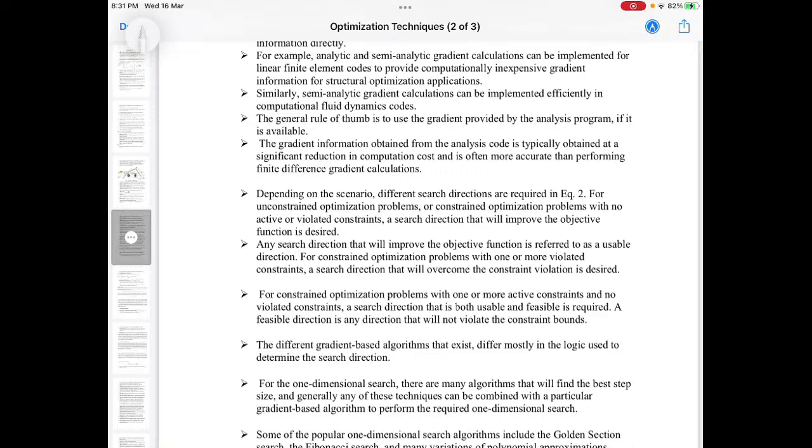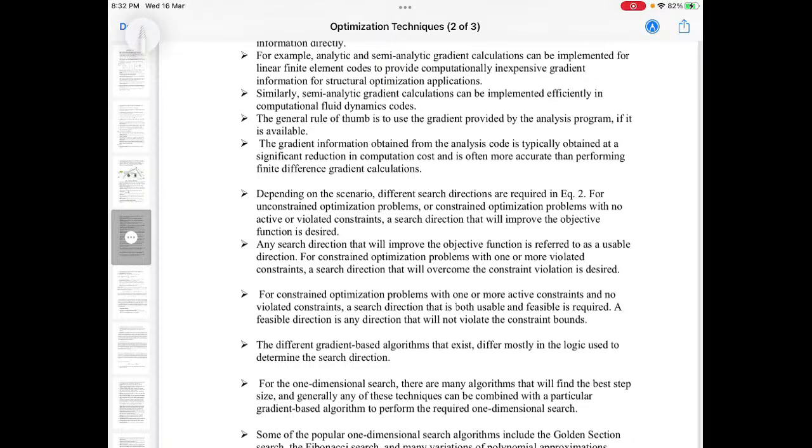So in a constrained problem with no active or violated constraints, we can say that the optimization has actually reached the maximum, or the desired value, which is the ultimate aim, and a search direction that will improve the objective function is desired.